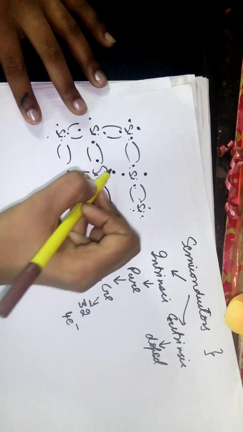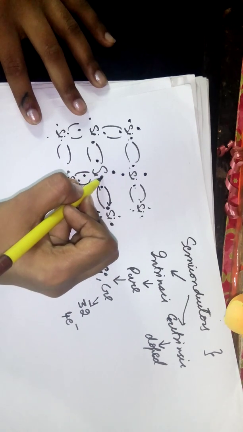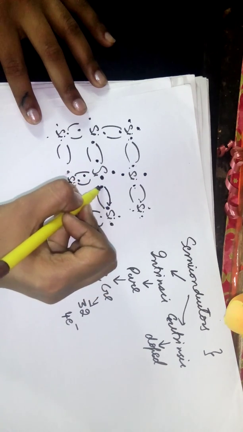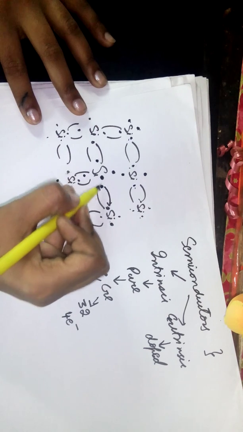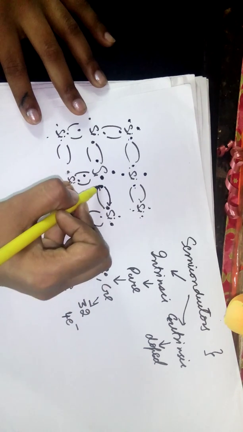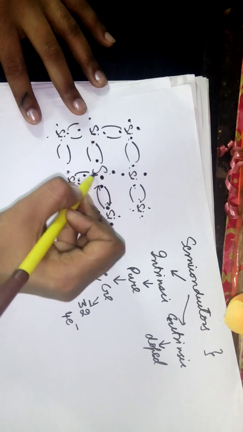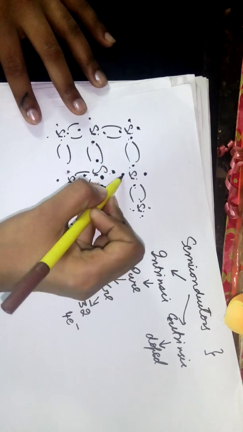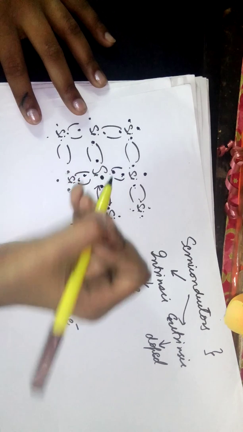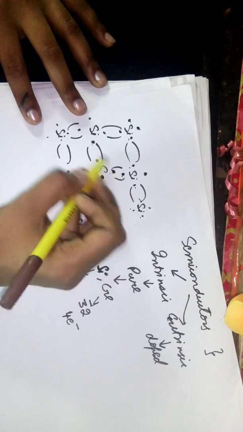You can see that now it has 1 electron from this neighbor and 1 electron of its own. Therefore 1, 2, and then again 1, 2, and so on. For this silicon, all 8 electrons have now been shared, so it has 8 electrons.